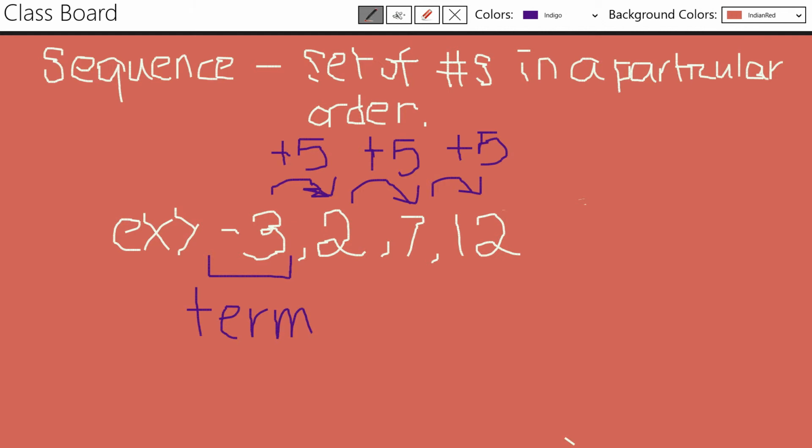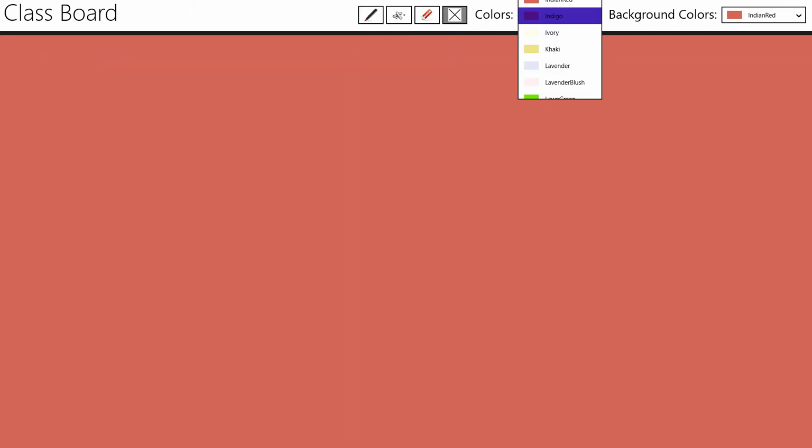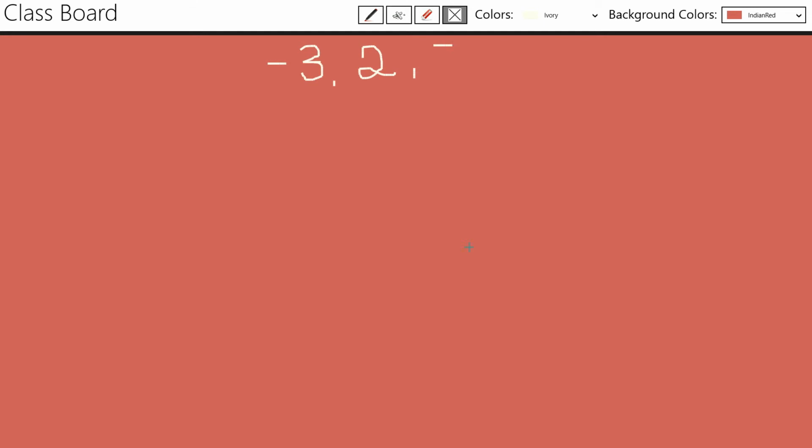Let's go over a couple more vocabs. I'm going to go to a new page, and we're still going to look at the same pattern, so I'm going to write it up here again so we'll have it for the rest of the time. So we have -3, 2, 7, and 12. We did look at the terms, so each of these are terms. And I want to emphasize one thing. The difference between each one of these was that we added 5. Remember that?